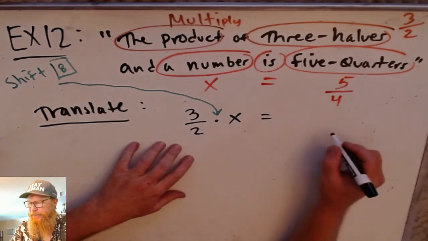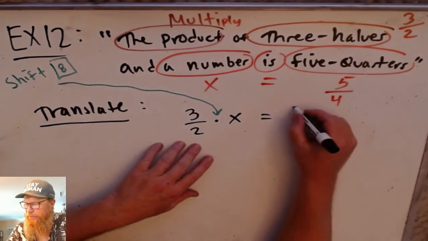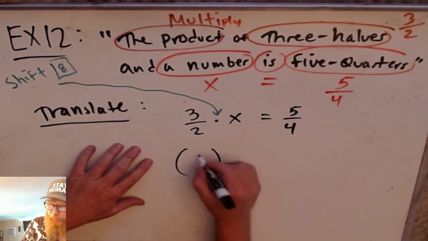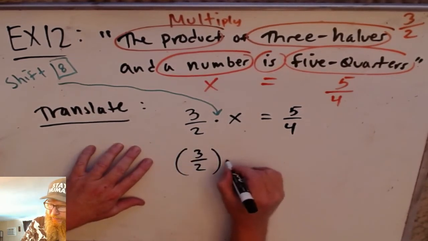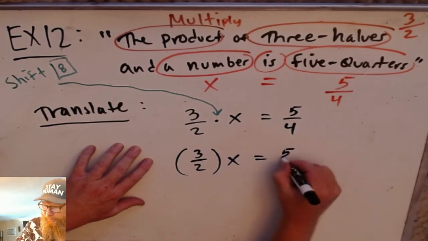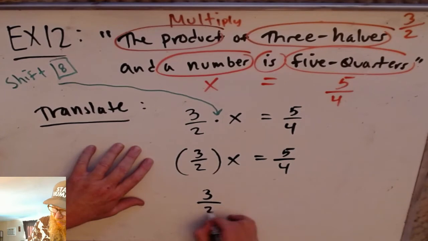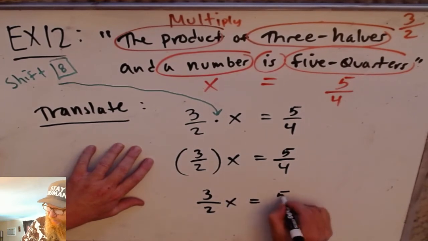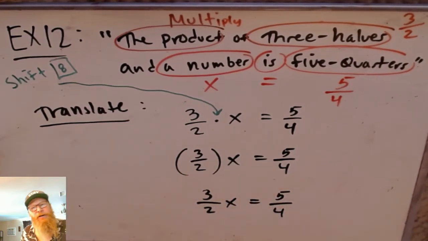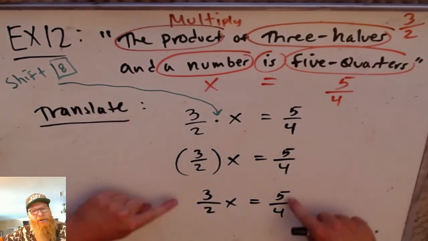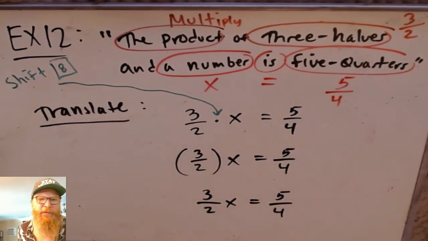And then is, unless there's a pop-up menu, equals 5/4. I would also accept parentheses. Or I would also accept just putting the x off to the side. This is probably the simplest way to write it. But these are all tomato, tomahto. It's all the same to me.